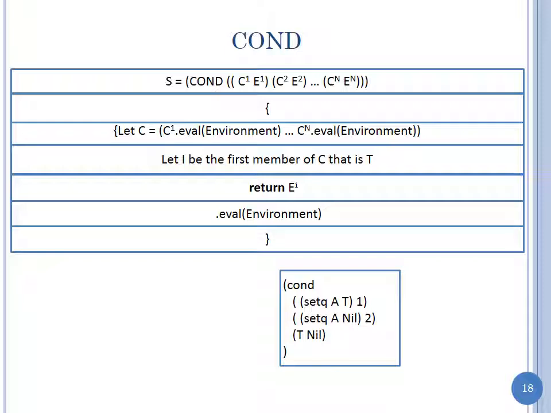Because at the end of this, the value that cond will return is, of course, 1, right? But the question then becomes, if I type A at this point, what should the value of A be?